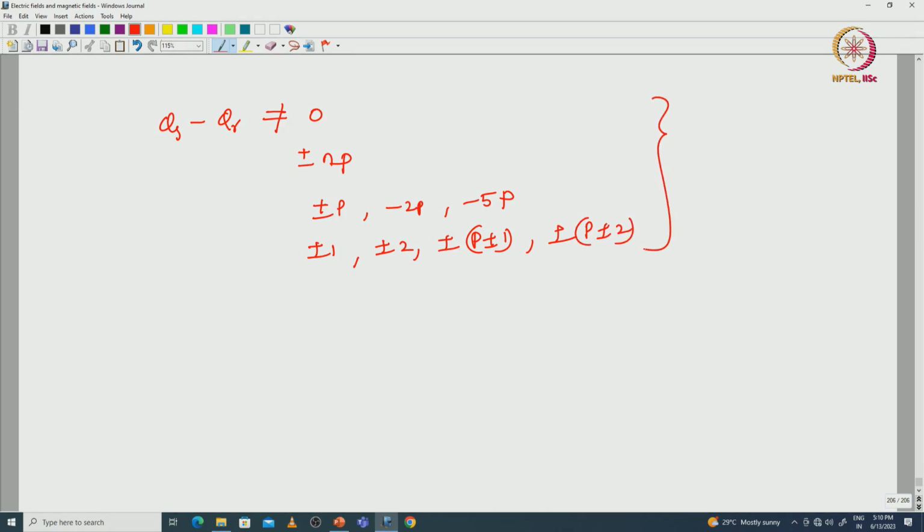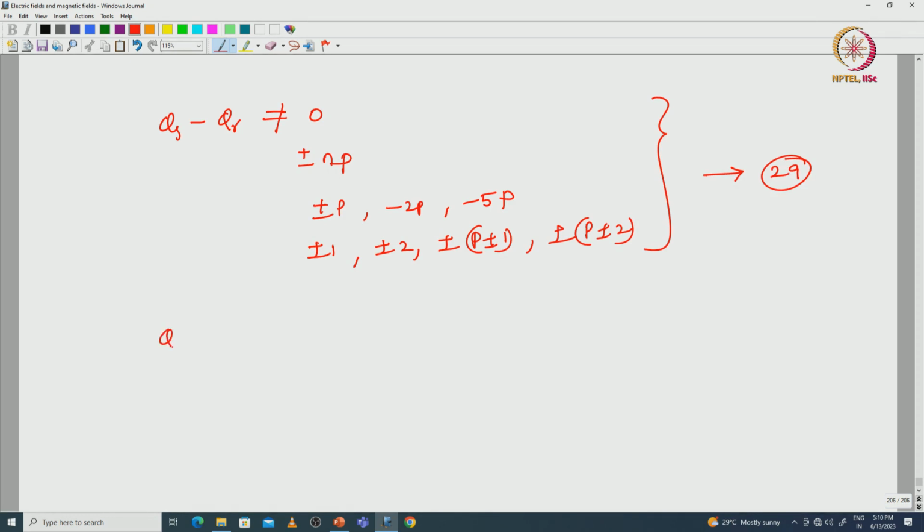These are the combinations the difference between the stator slots and rotor slots should not be equal to. Then we can select the number of rotor slots. This is equation number 29.